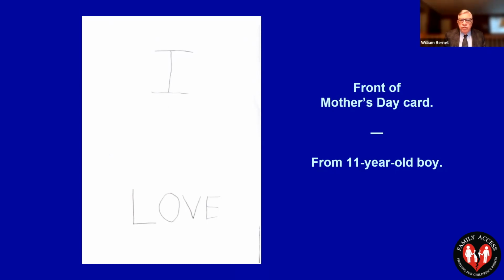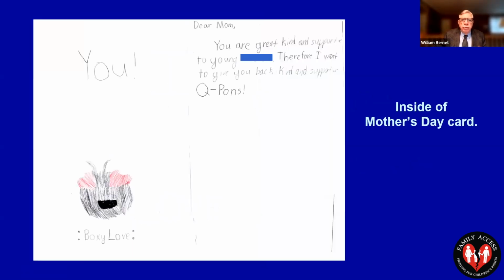So this is a Mother's Day card, and I'm going to show you the front and then the inside and then the back. This is the front of the card that says, I love, and then you open the card and it says, you. And then it says on the right-hand side, dear mom, you are great, kind, and supportive to young me, is the child's name.